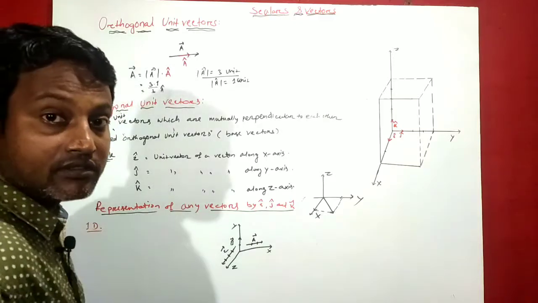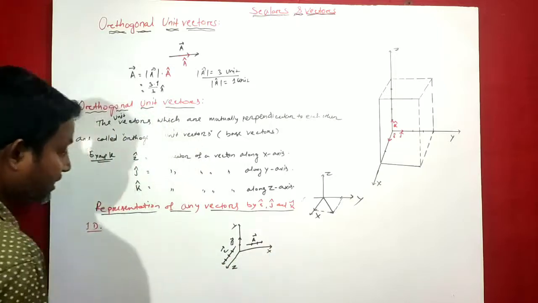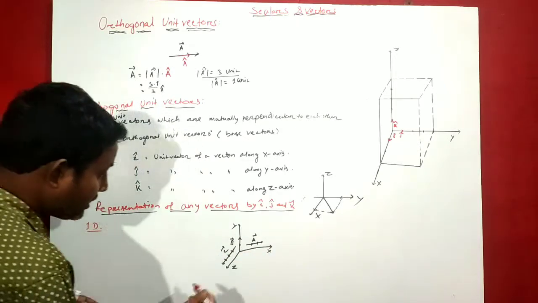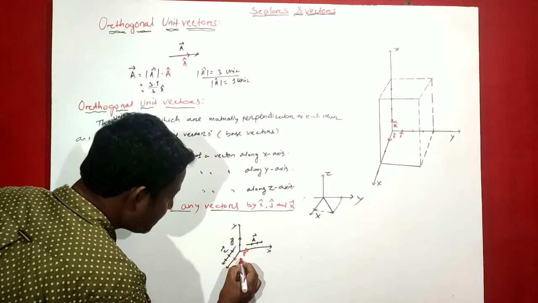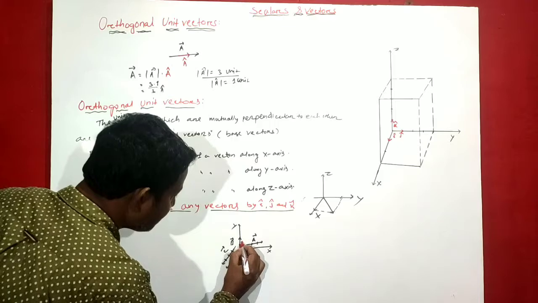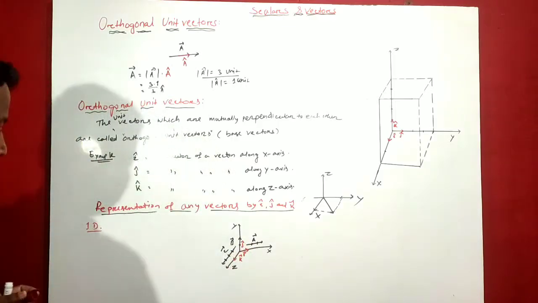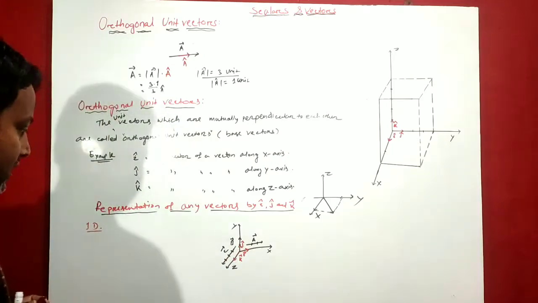We have already discussed it. So this is in the direction of i cap, this is k cap, and here this is j cap.